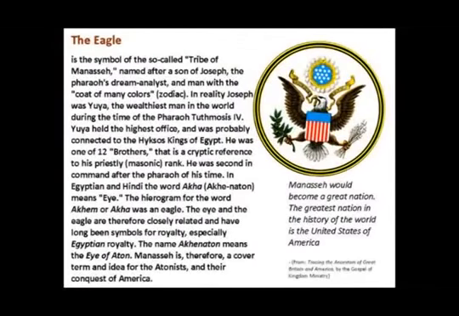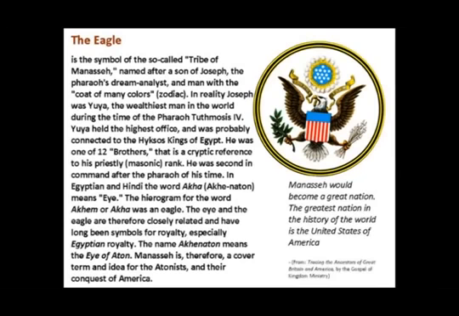There it is, the eagle. The eagle is the shield in front of it. America with the stars and stripes, protecting the Atonists, a home for the Atonists. This eagle is a symbol of the so-called tribe of Manasseh, named after a son of Joseph, the Pharaoh's dream analyst and the man with the coat of many colors, which of course refers to the zodiac.